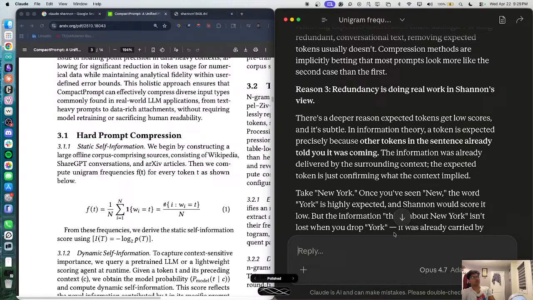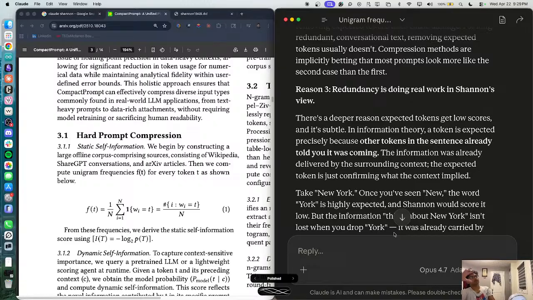Whereas it will also find all of the low surprising or very expected tokens, and those are automatically removed from the prompt because they don't really provide that much information, or I should say meaning, to the prompt because they're very easily expected. Again, this line of reasoning I think is there, but it could be better improved in terms of the articulation and understanding of it because I haven't fully internalized it, if I'm being honest.